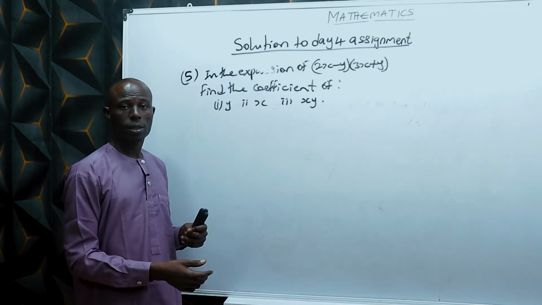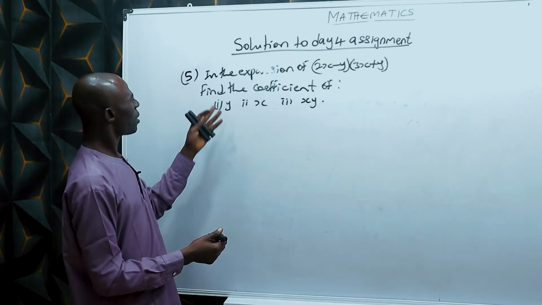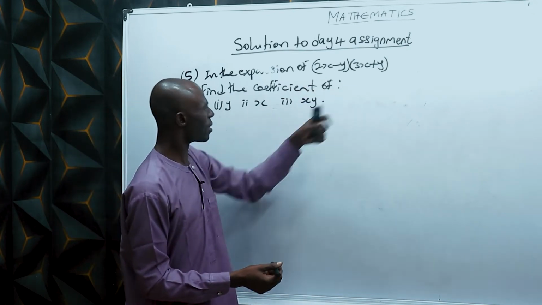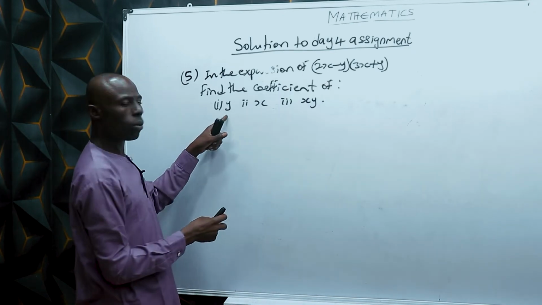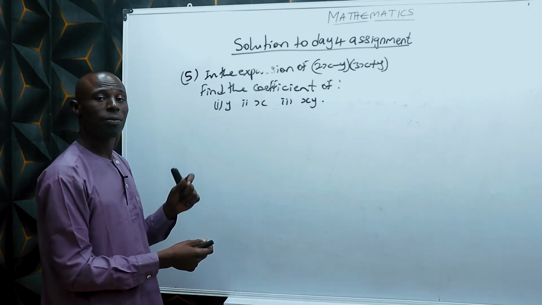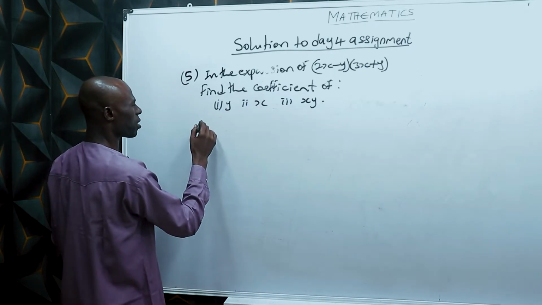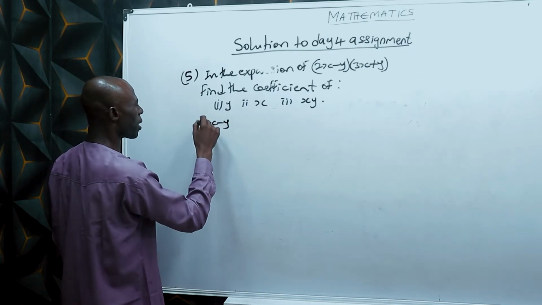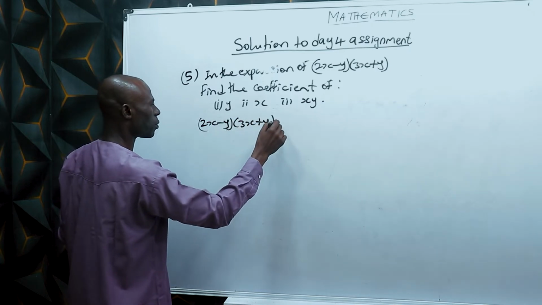The last question in the assignment. In the expansion of this, find the coefficient of y, find the coefficient of x, find the coefficient of xy. Let's expand that expression first: (2x minus y) into (3x plus y).